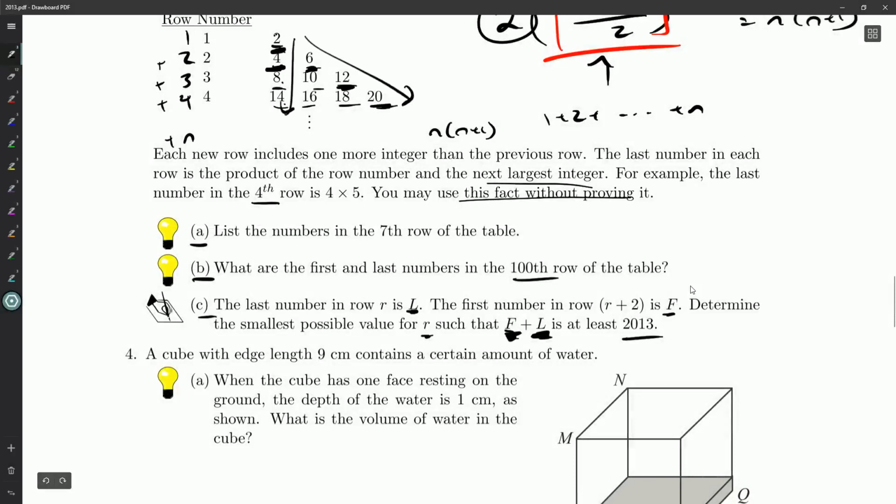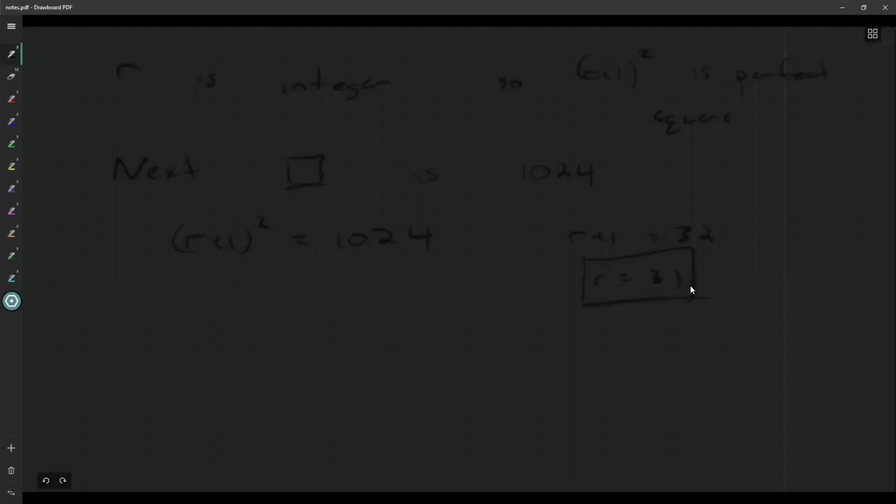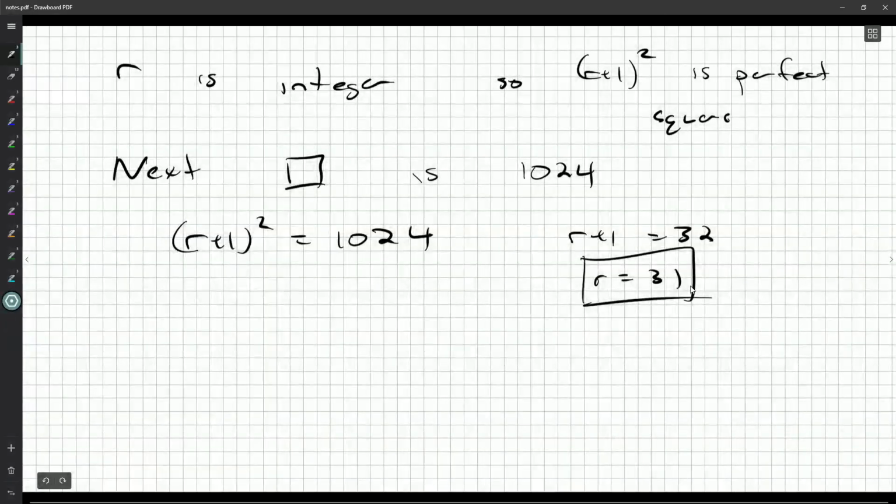So if I pick an R further below 31, its L and F will definitely be bigger than the L and F coming from R equals 31. So the only question is, will R equal 30 work? And I'm pretty sure we can verify that no.